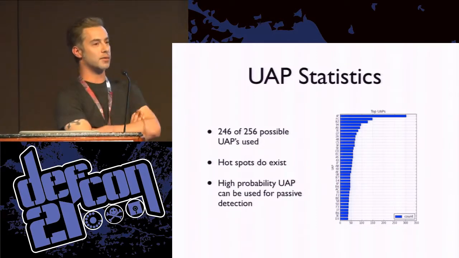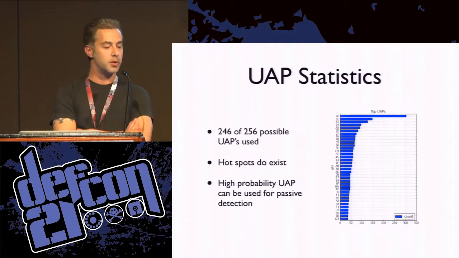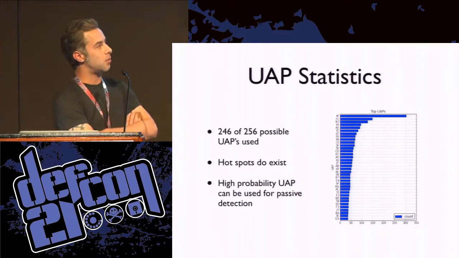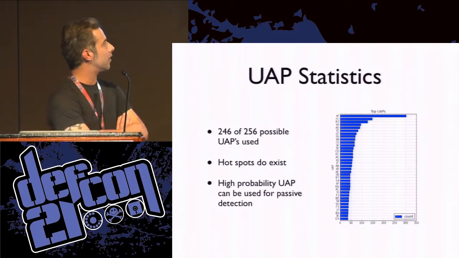This can be used if you only had a LAP and you wanted to just derive what the most probable UAP is, you could use the top one. I guess if you really wanted to, you could use it for brute forcing UAPs, although it's probably not the most effective thing.